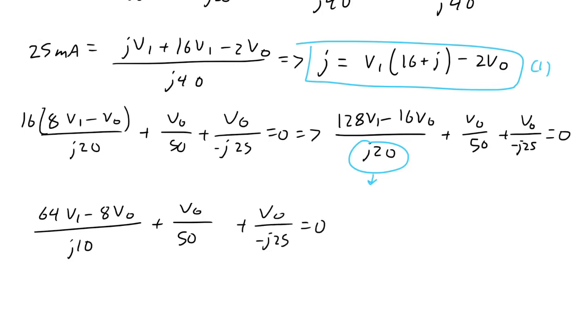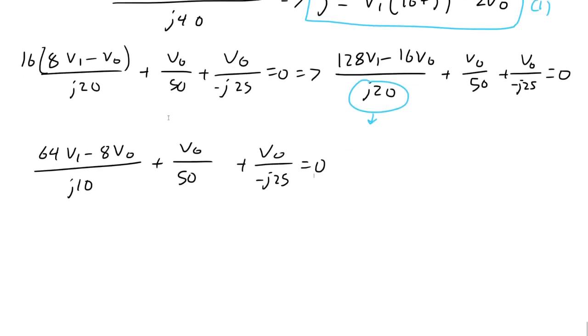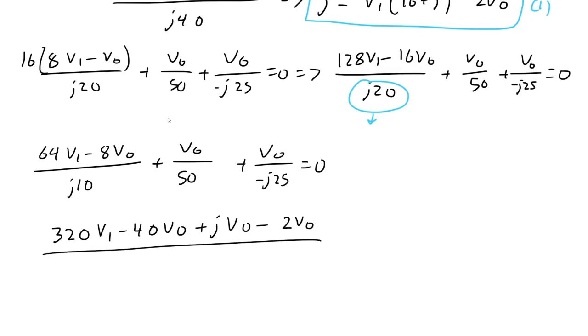And the reason I'm doing that is because complex numbers are a little bit harder to normalize the denominators for, find sort of the greatest common denominator, etc. So anyway, this is going to simplify to multiply everything here on the top by 5, I get 320 V1 minus 40 VO plus J VO minus 2 VO all over J50 still equals 0.